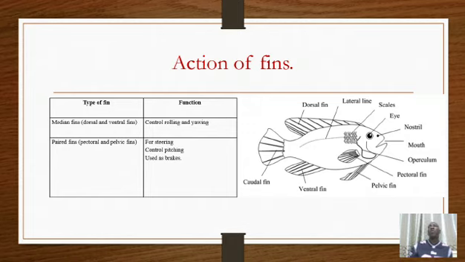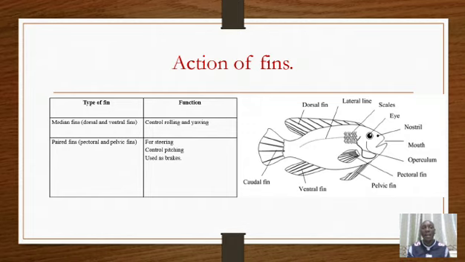However, we ended at a point when we said that locomotion or swimming in fish experience three instabilities. One called yawing, another one called rolling, and another one called pitching.